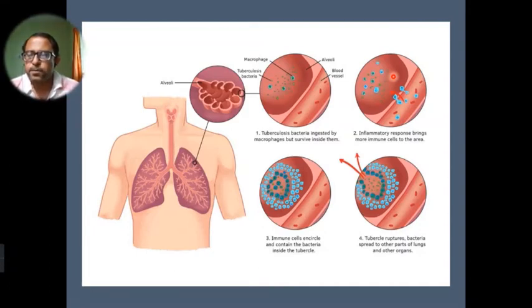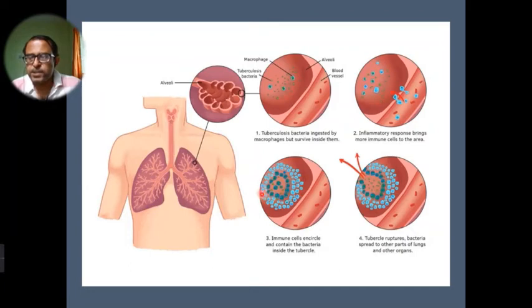Where more of the immune system comes, you can see here, these are the macrophage cells having tuberculosis bacilli inside them, and around that there are polymorphonuclear leukocytes, lymphocytes, and mononuclear cells surrounding these infected cells. This part containing these cells is the tubercle.